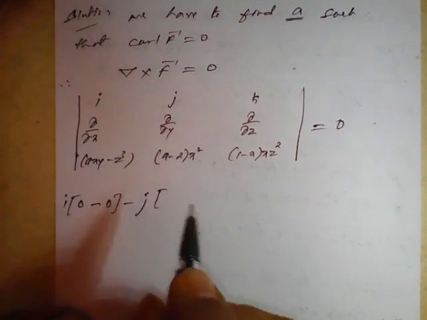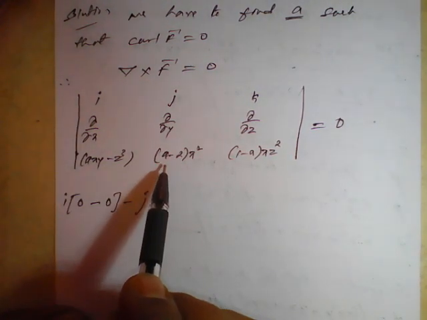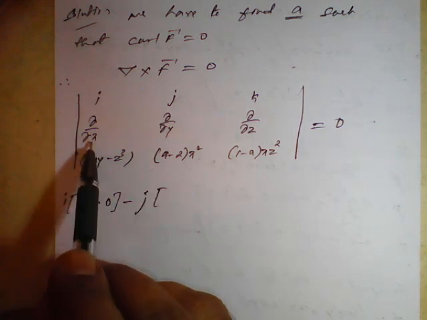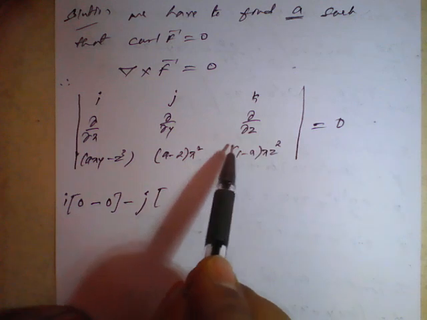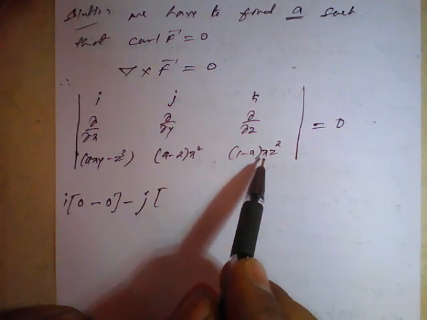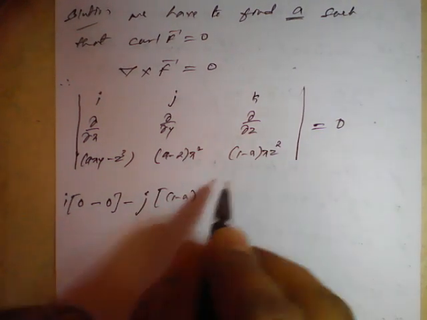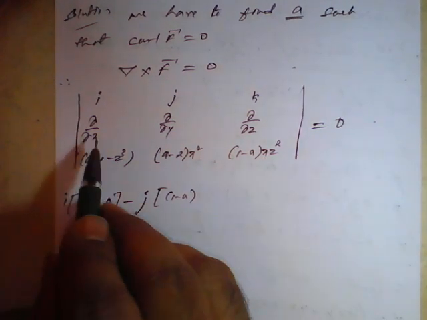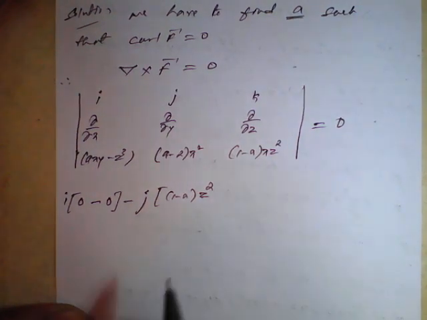Minus j times, first row and middle column: dou by dou x of 1 minus a of x z square. Here x is multiplied, so 1 minus a remains as it is, the differentiation of x with respect to x is 1, and z square is a constant, as it is.